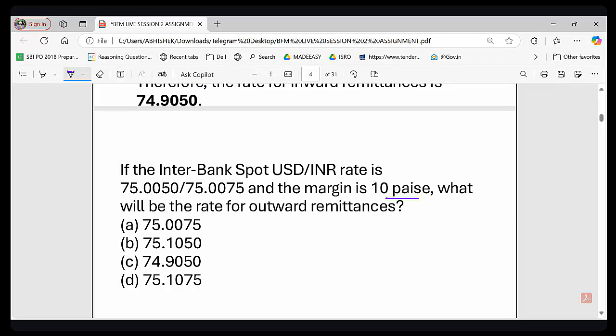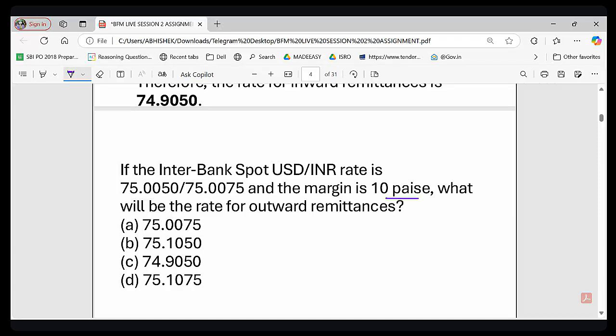Please type whatever you think is correct. No issue because it is a live session, so your interaction is the most important thing that is required here. Yes, correct, 75.0075. Excellent. The interbank selling rate is 75.0075.